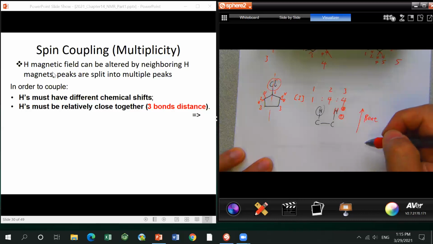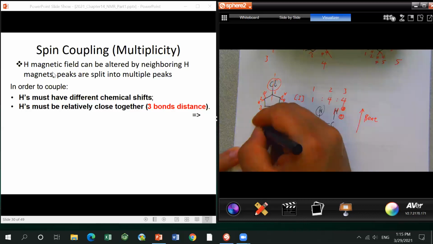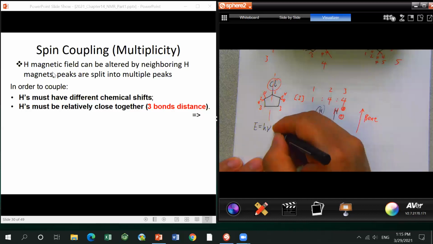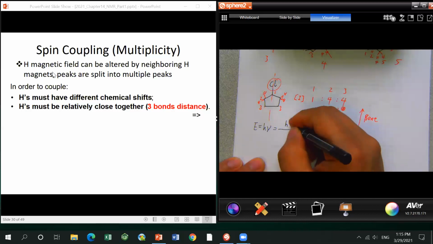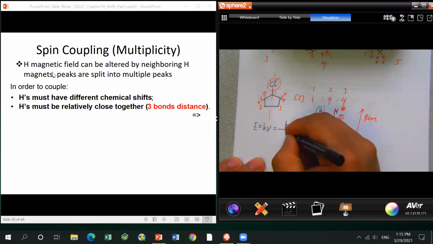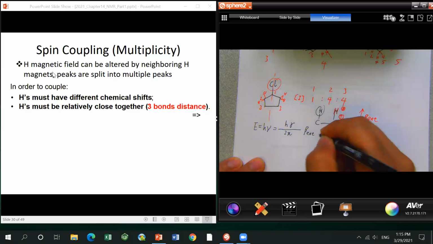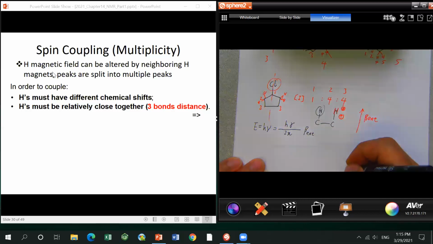Remember we just learned the NMR absorption frequency: ν equals γ over 2π times B external. If there is no other magnetic field, that will be the same value. But now you get some actual ones.